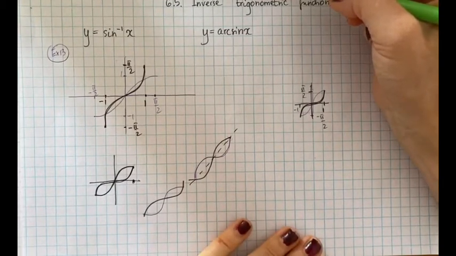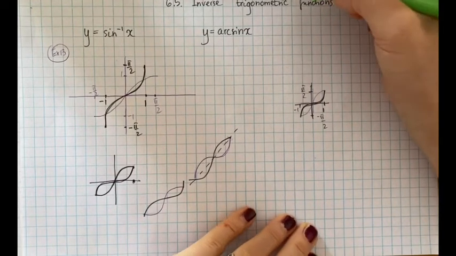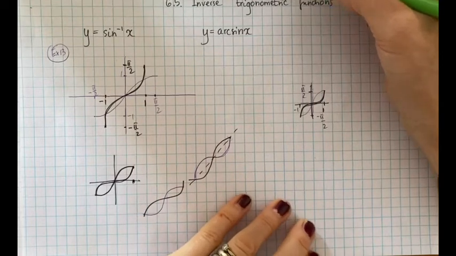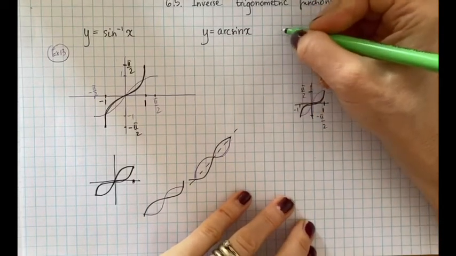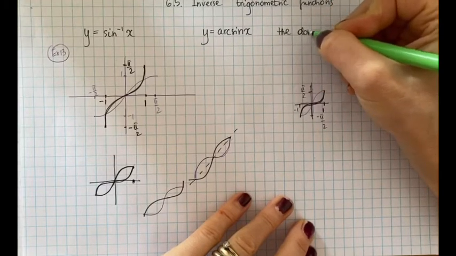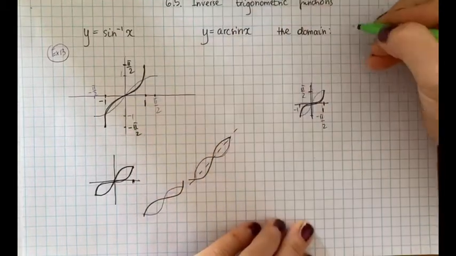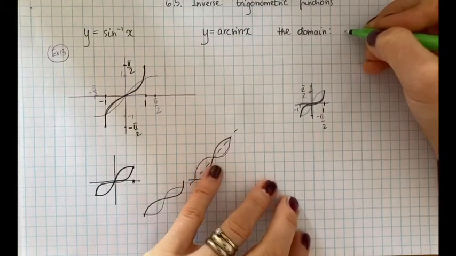That gives you a restriction on the domain of the original graph, and therefore on the range of the inverse function. So let's write the key features. The domain of our arc sine is simply whatever the range used to be for sine.